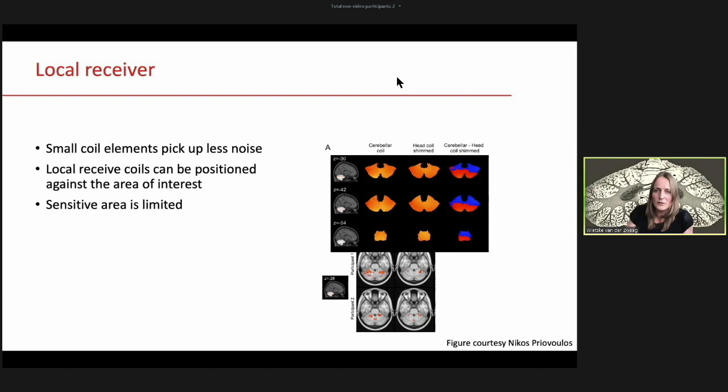We looked at one of these ourselves, a cerebellar coil where the transmit was also local. And then you see that there's an even stronger increase towards the surface, which also translates into a functional advantage, or functional signal boost, in these two participants.